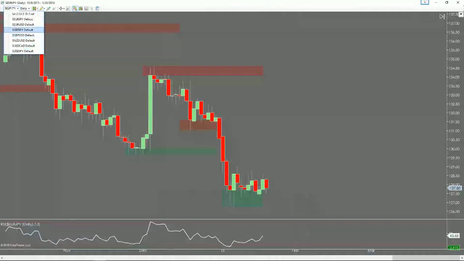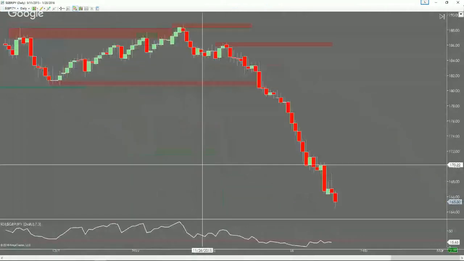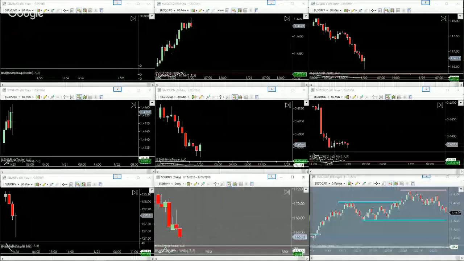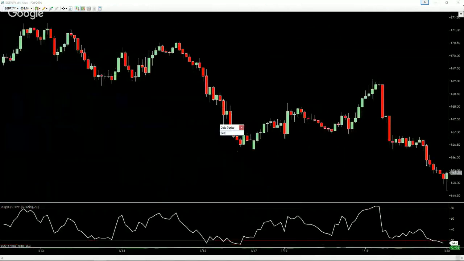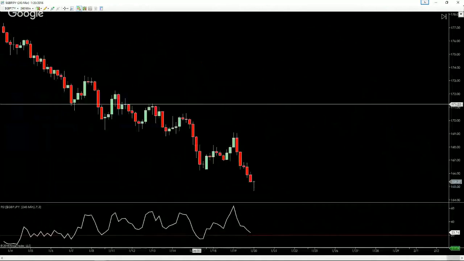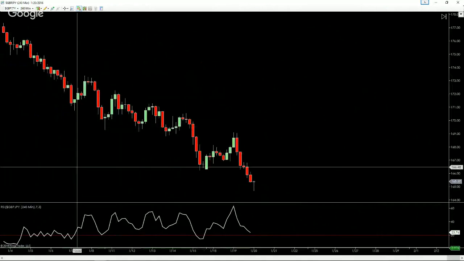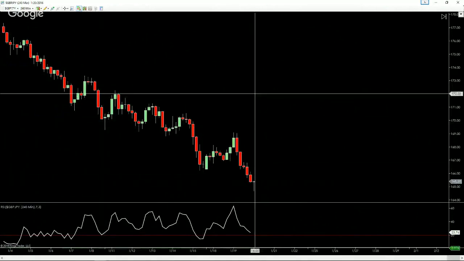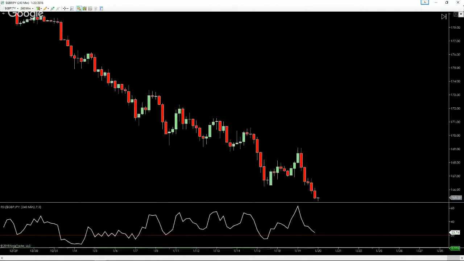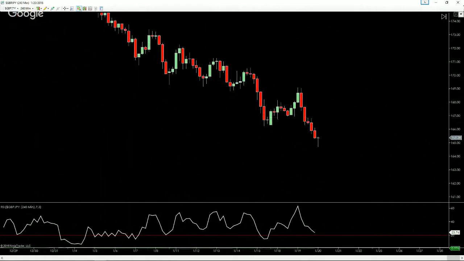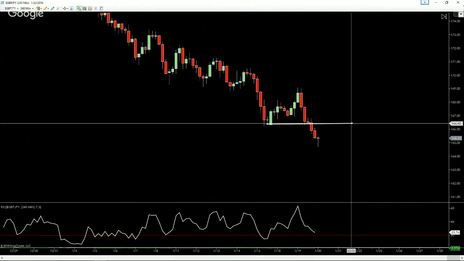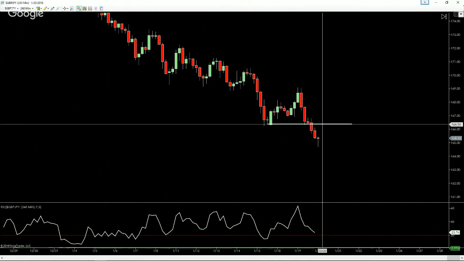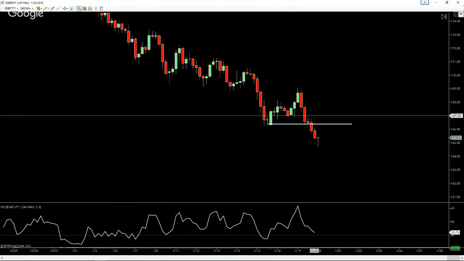Let's go to pound yen. Still extremely bearish on that daily chart. On the 240, still bearish. If price comes back up to this level of structure, I'll be looking to sell.